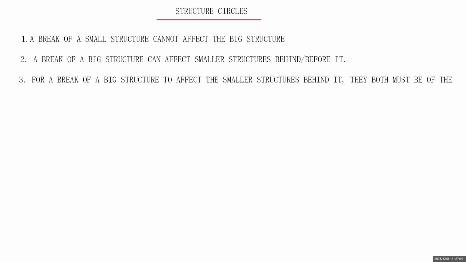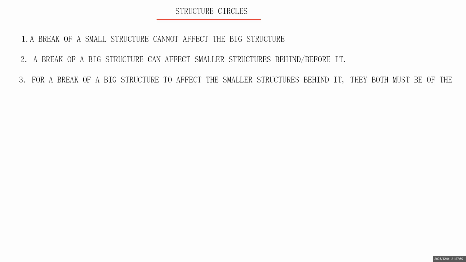You understand? So if there's a break of a big structure, and there's a small structure behind it that is not likewise, it basically has its own unique movement. So there's a high probability that the break of the big structure may not affect the small structure in that instance. Why? Because the movement was different.